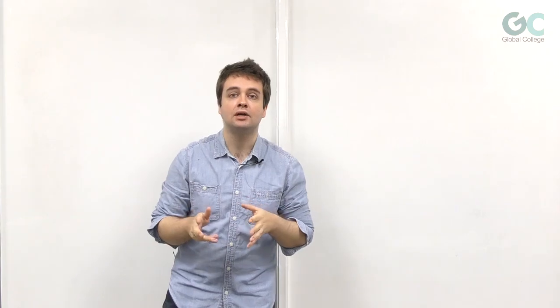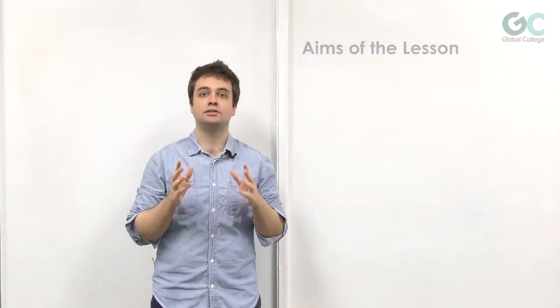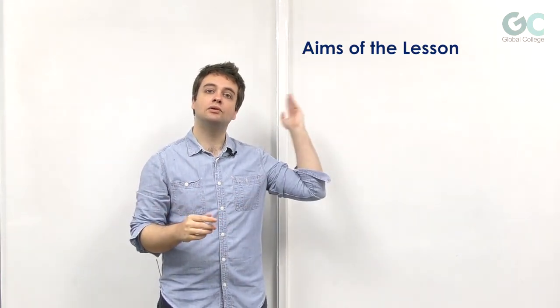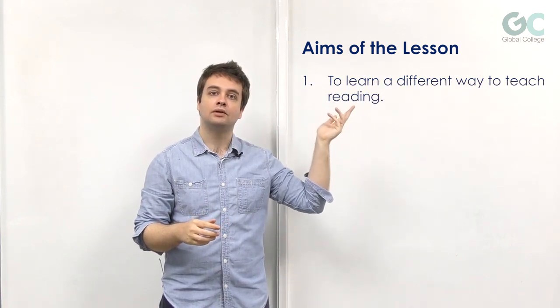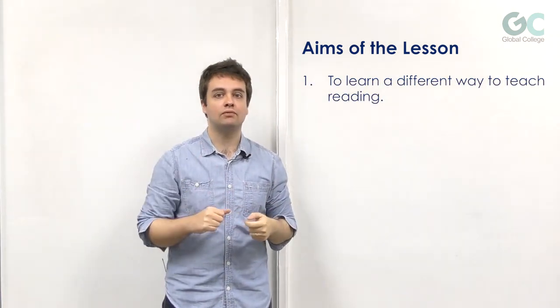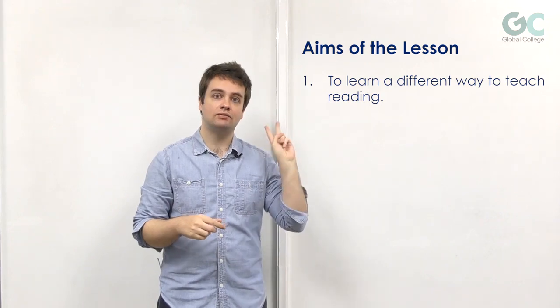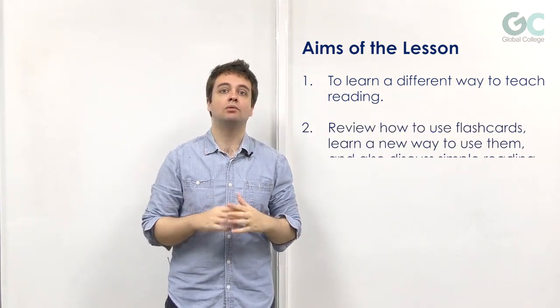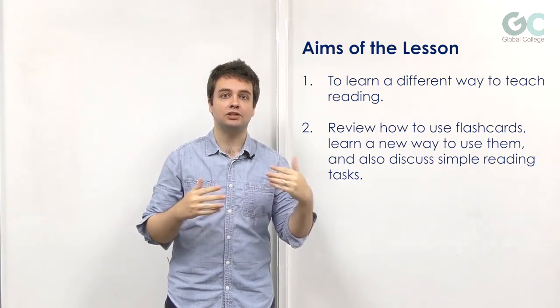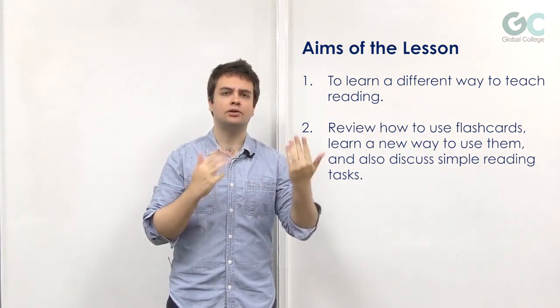So guys, our first activity of today's lesson is that we're going to learn a different way to teach basic reading. So get ready for a new method. In activity 2, we're going to be doing two different things actually. We're going to briefly look at using flashcards. And you might think, oh, we already talked about that.